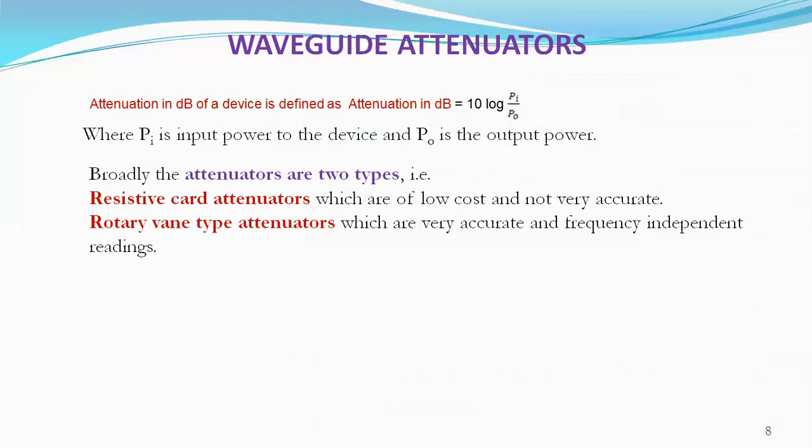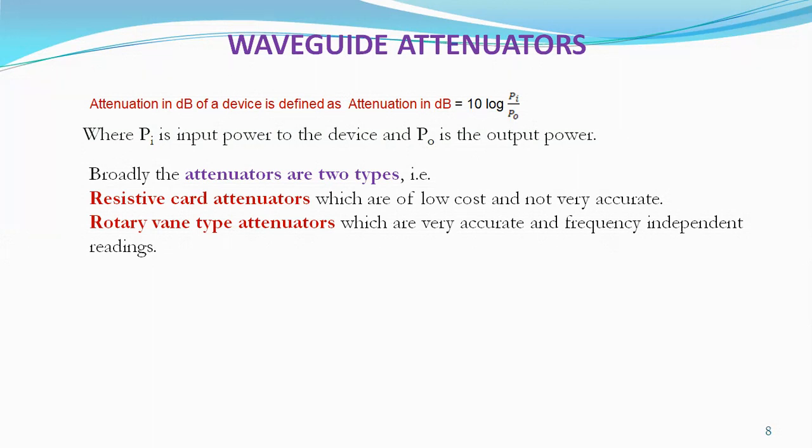Then coming to the waveguide attenuators. These microwave components are special types of devices. Our electronic components like R, L, C do not support the higher frequencies. In microwaves we are operating at higher frequencies, more than 1 gigahertz.